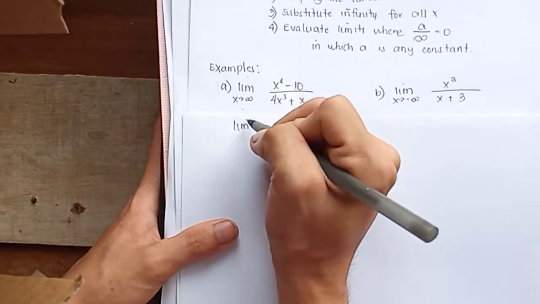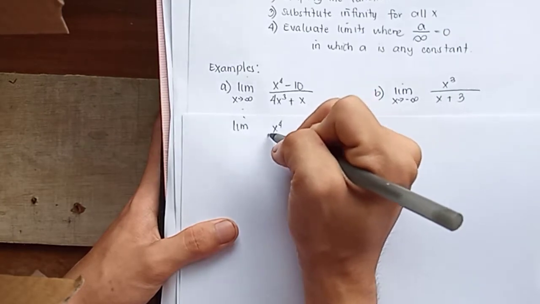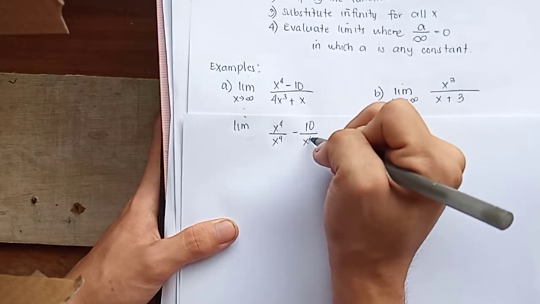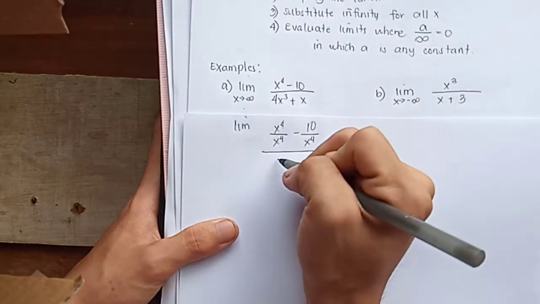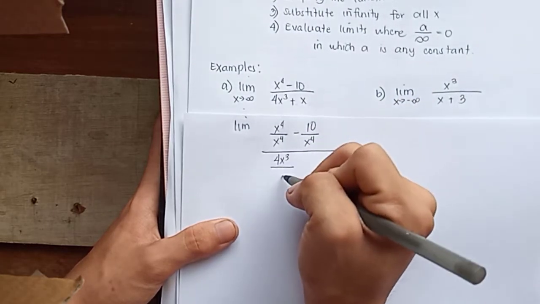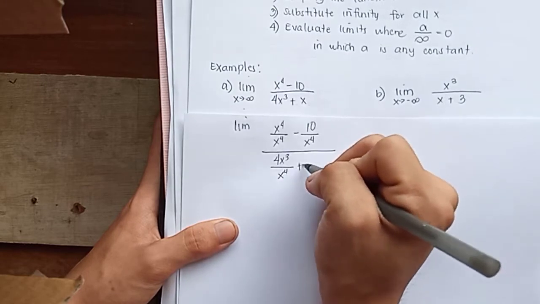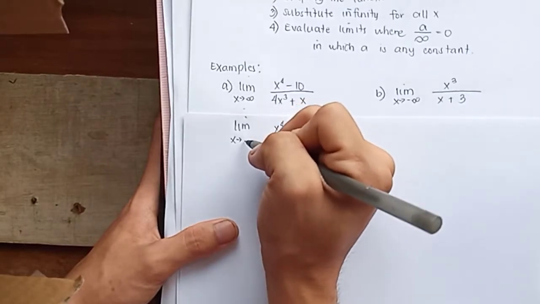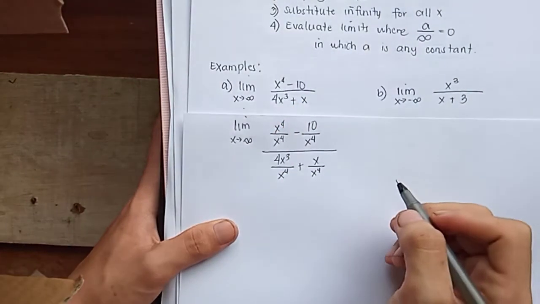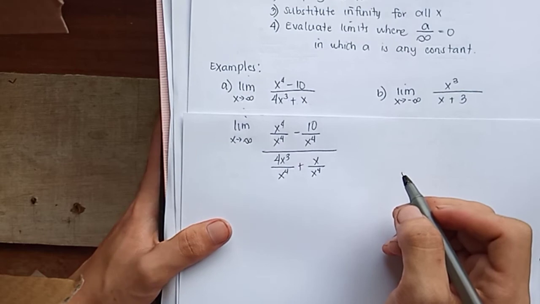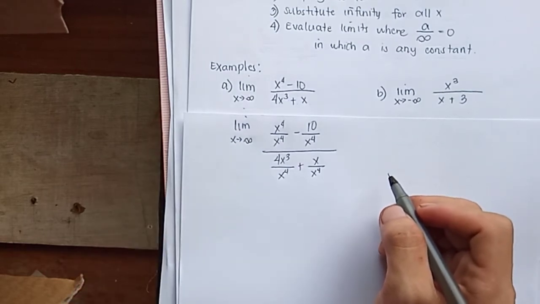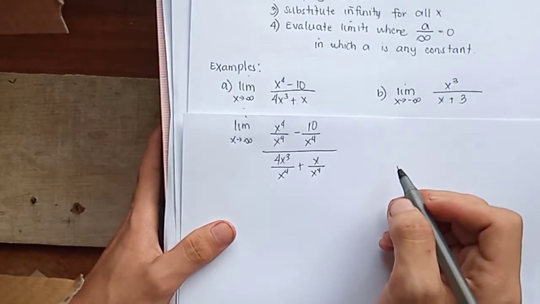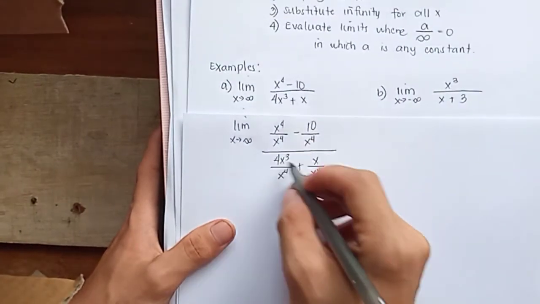So, I have the limit of x to the fourth over x to the fourth minus 10 over x to the fourth, all over 4x cubed over x to the fourth plus x over x to the fourth, as x approaches infinity. My goal here, by simplifying, is to make the numerator a constant in every term.